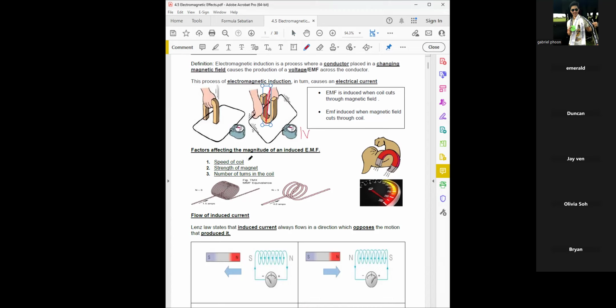But if I increase the speed of the coil, going up and down much faster, then because I'm increasing the speed of the coil, which is ultimately going to cut through more magnetic field per second, maybe I can produce up to 5 volts. So the first factor is that if I increase the speed of the coil, I could produce a greater EMF. The second one is basically the strength of the magnet.